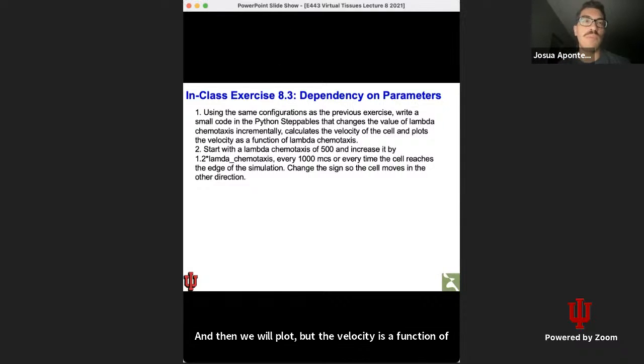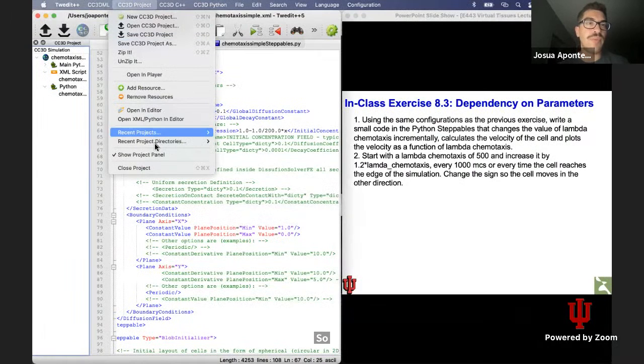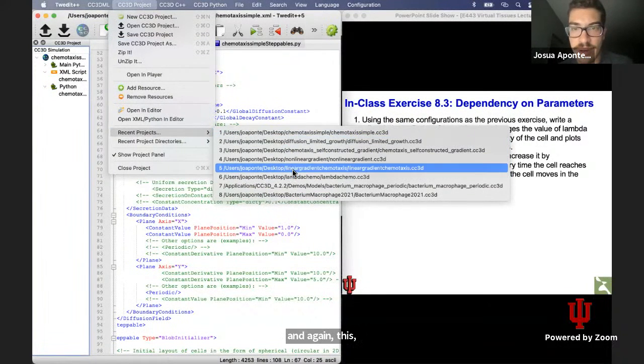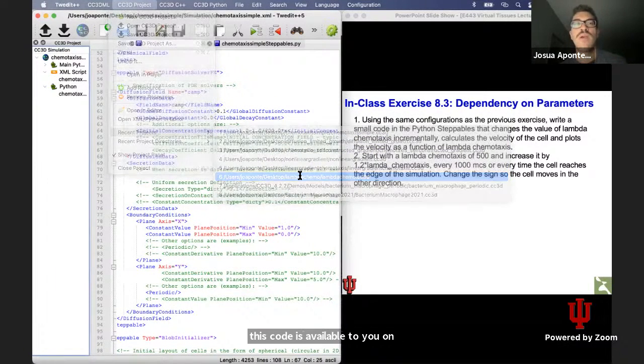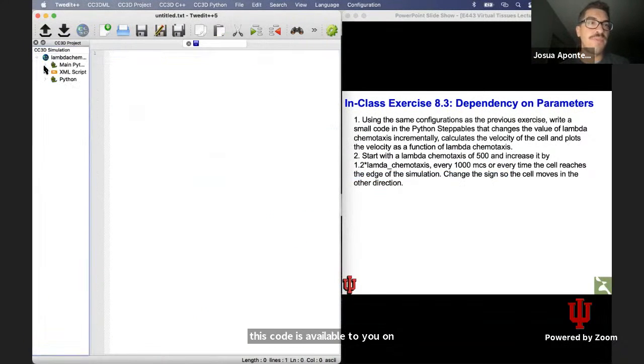Okay, and this is going to become more obvious as I show it in my code. And again, this code is available to you on Canvas.